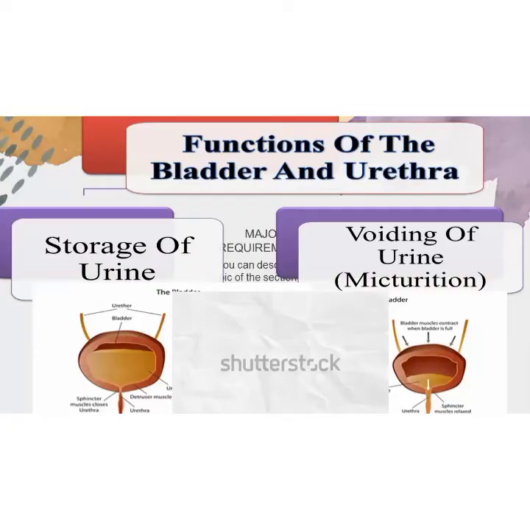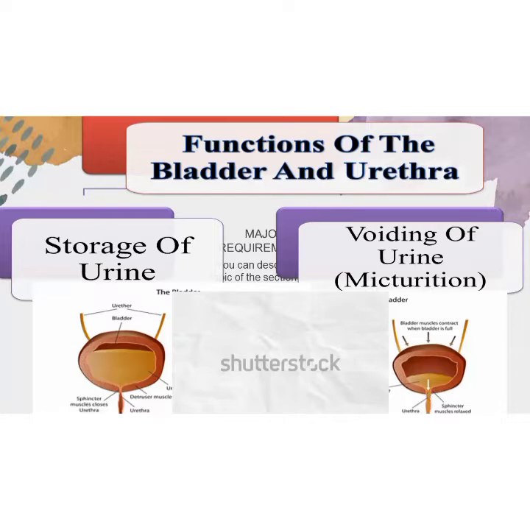Now coming to the topic, the urinary bladder. You know that the urinary bladder is the temporary storehouse of the urine. It is not only storing the urine, it also empties the urine through the urethra. See, this is the internal urethral orifice, and this is the urethra.